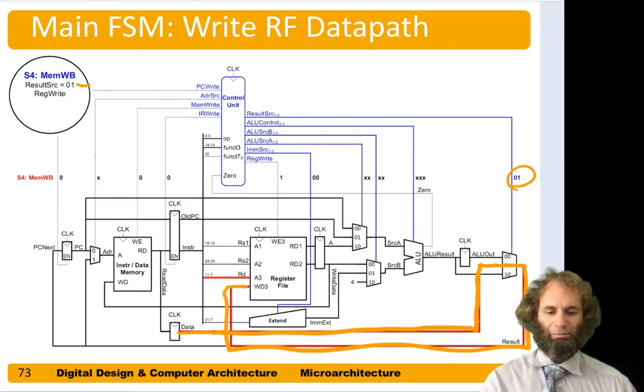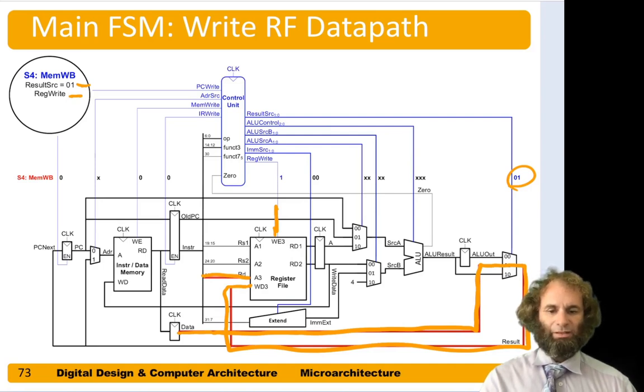It's a little bit loopy, but we're just choosing data as the thing we want to write to the register file. We also are getting the RD field from the instruction, and we need to assert reg write to tell the register file to write this value to RD.